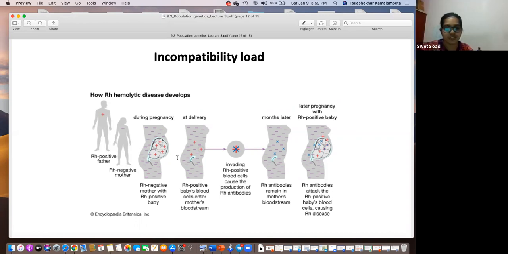Positive means presence of something. What is present here? Nothing. No A, no B, no Rh. So all negatives. So it's O negative.